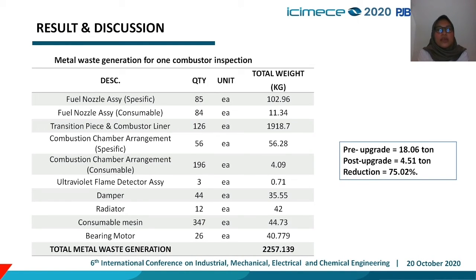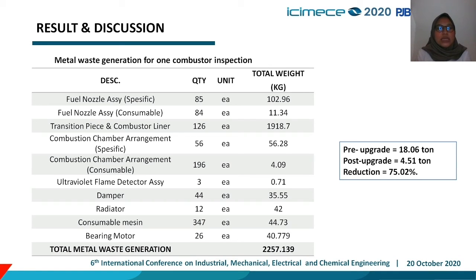And this is the table that shows metal waste generation for one combustor inspection done. For one combustor inspection done, there is a potential to reduce the metal waste by a certain quantity.